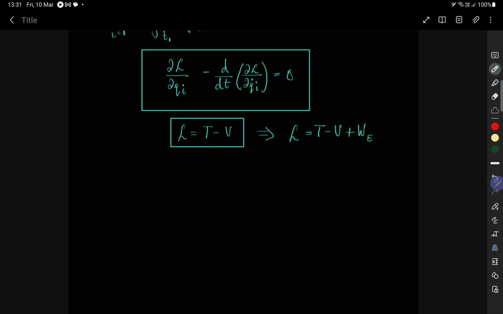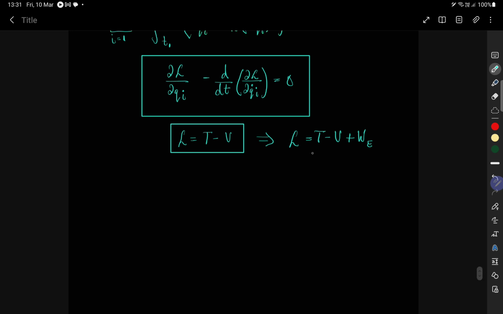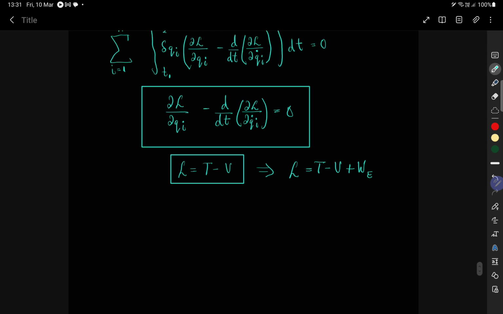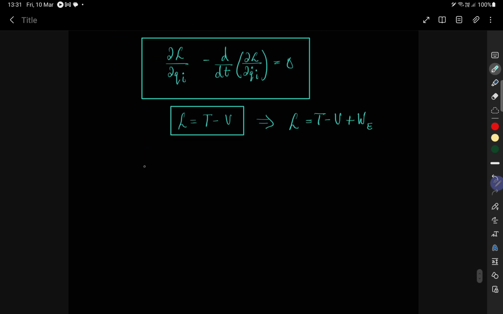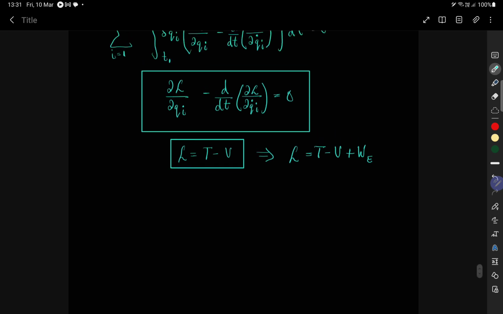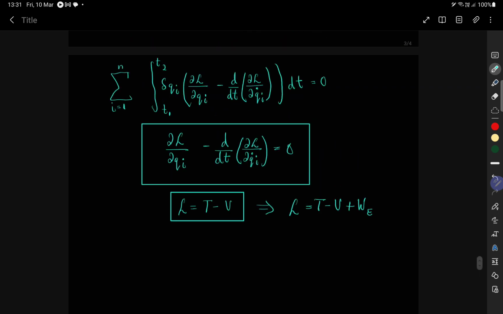Alright, I'm sorry for that, but nonetheless, we have a final Lagrangian, which is T minus V plus We, being external work done. I will just explain it. I think this should be enough actually.